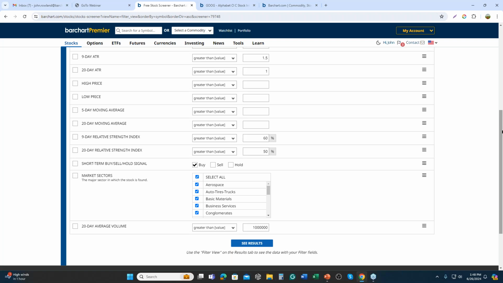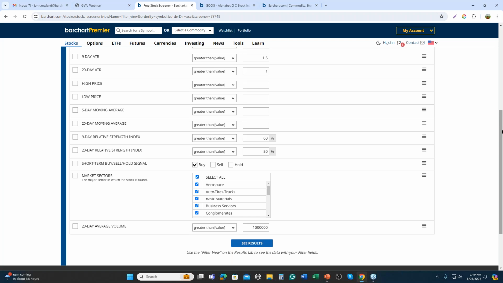And then I've added market sectors here. Now, I'm using this as part of a screening process, but really what I want to do is watch what sectors, which stocks are starting to perform a certain way. And this could also lead me to finding that flow of money.